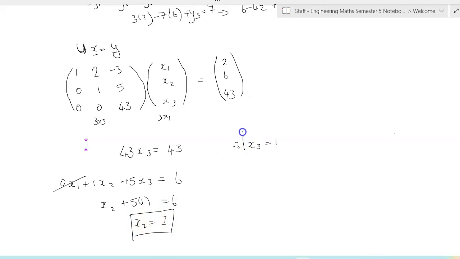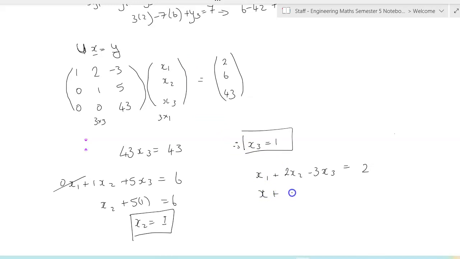Now we're working backwards. We go back to the top row now, so now we can say 1x1 plus 2x2 minus 3x3 equals 2, the top value. The value for x1 is unknown.